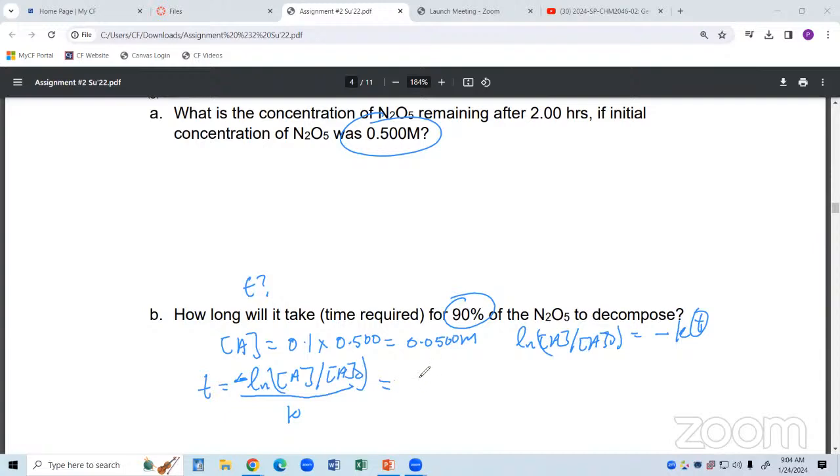So we put the numbers in. That's minus ln. The concentration of A is 0.0500 M divided by 0.500 M. And then we divide that by the k. What was the k? Can somebody tell me from earlier?